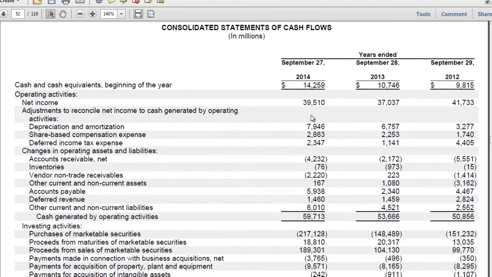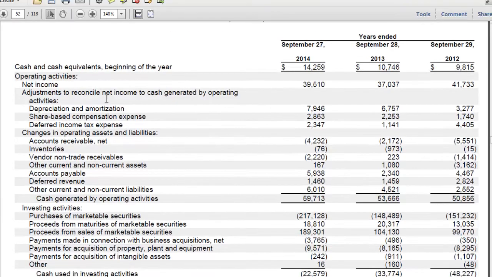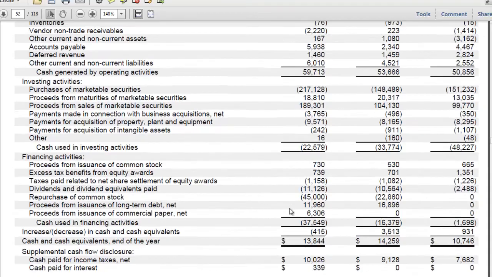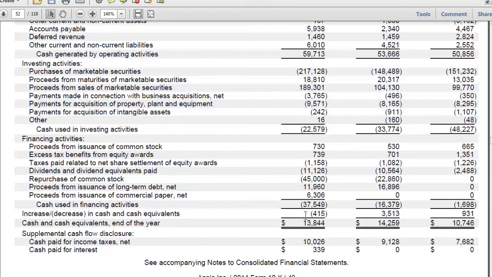Now, the way the statement of cash flows works is that it usually starts out with cash at the beginning of the year, but in most cases you start out with net income. So basically it's net income plus or minus all these adjustments to come up with this increase in cash.